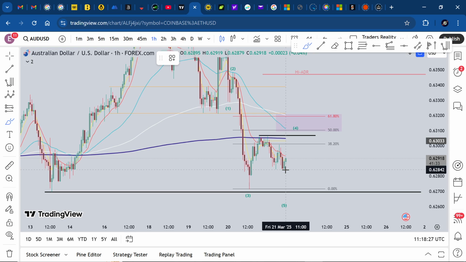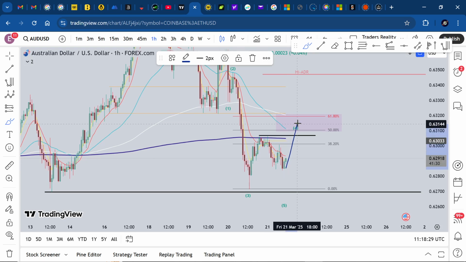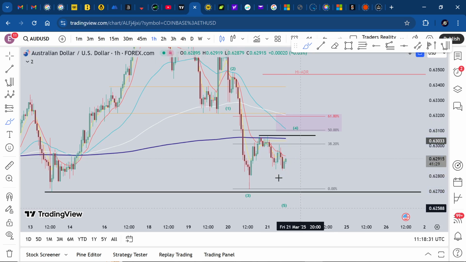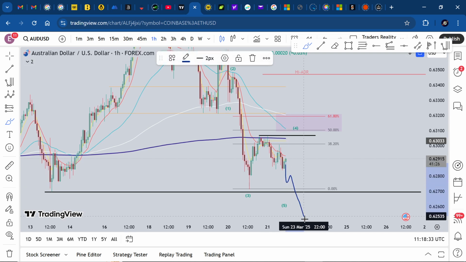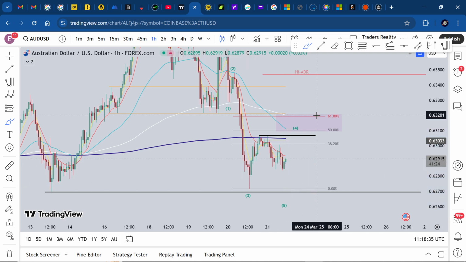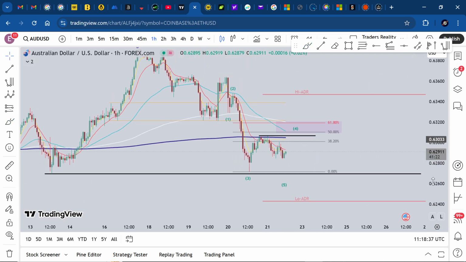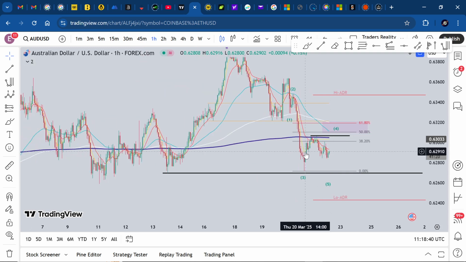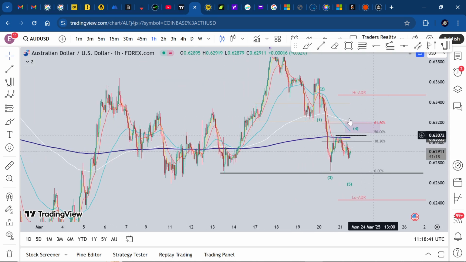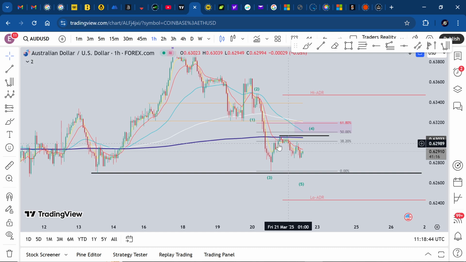It shouldn't really matter to you whether we do this and then this, or if we do this and then this. As long as what I'm doing here is looking for the opportunity to buy. I need this 5th wave. So when this 5th wave happens, whether it goes there, then there, or comes here first, then I can look for my buy.